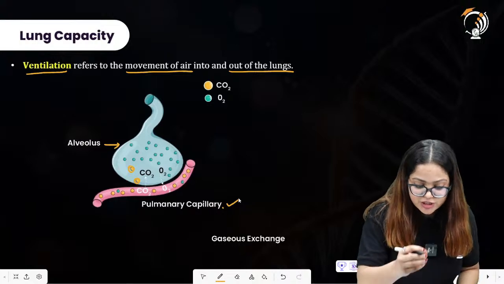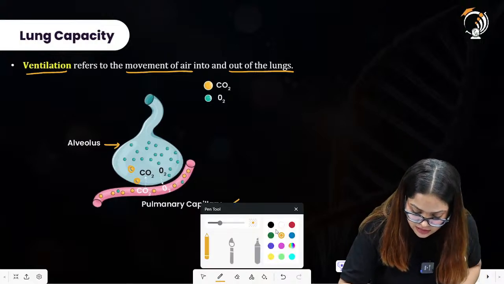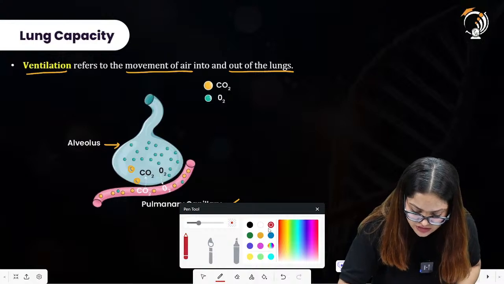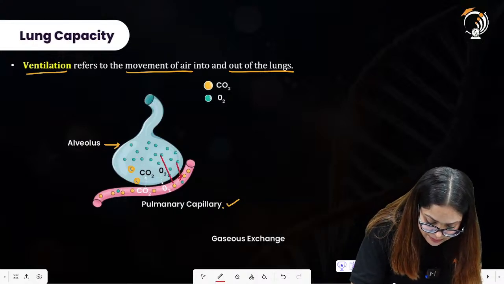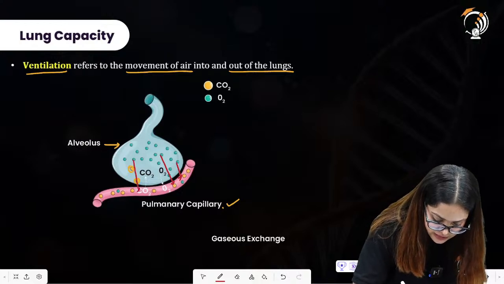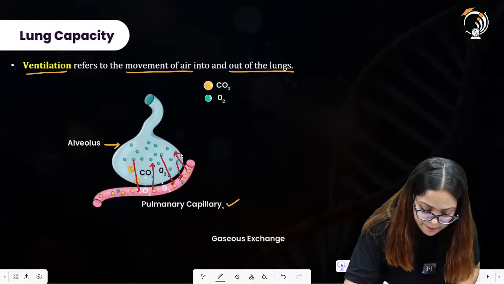The oxygen is going to enter into the pulmonary capillary. Let me mark the arrows for the same. The oxygen is going to enter into the blood capillary, and the carbon dioxide will move out from the pulmonary capillary.